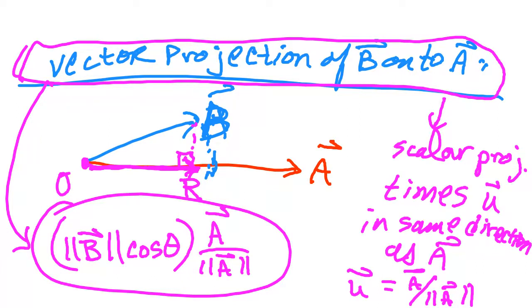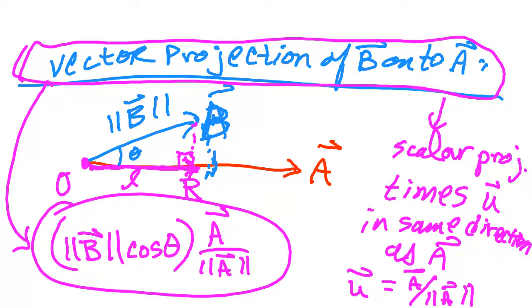Now you might wonder why that's the case. So let's look at this. What is the length of the blue one here? The length of the blue one is the size of B vector, which is just the norm of B vector, right? And of course, theta is the angle in between A vector and B vector. And if I say this vector OR has a length of L, what do I know?